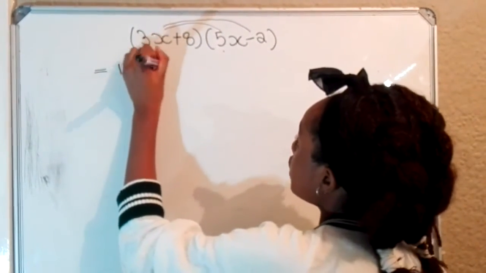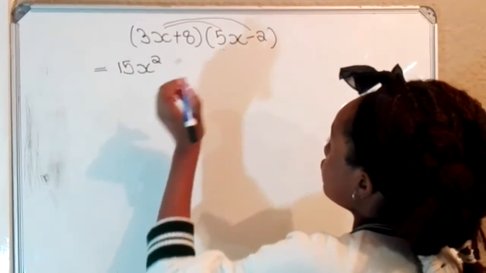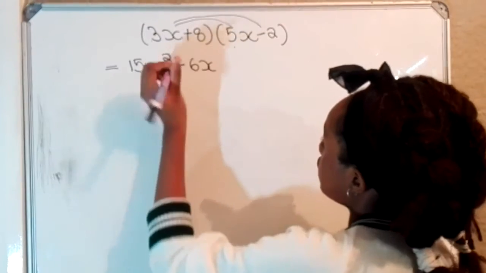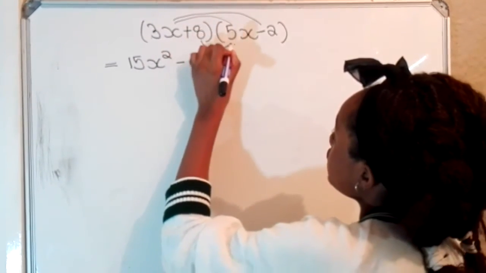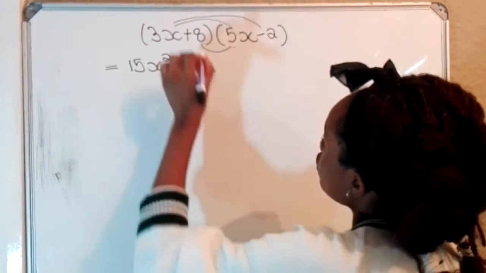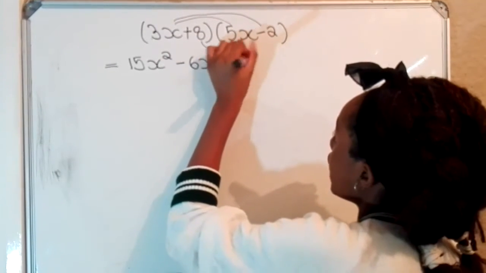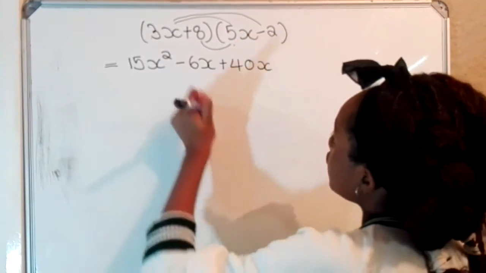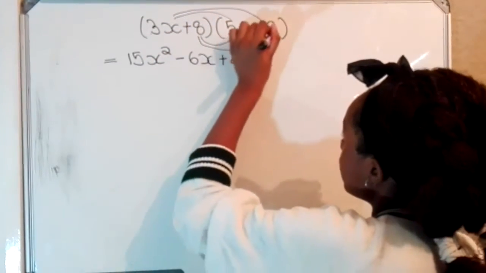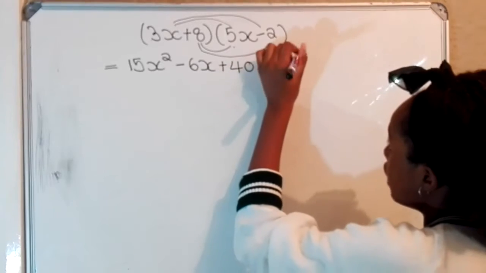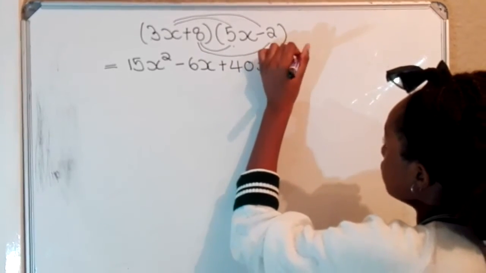Then 3x times negative 2 gives you negative 6, and we bring down x. Then 8 times 5x, so 8 times 5 gives you 40, and we're left with x. And 8 times negative 2 gives you an answer of negative 16.